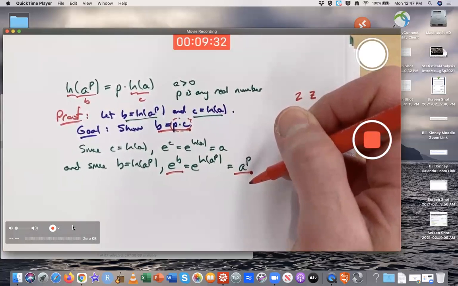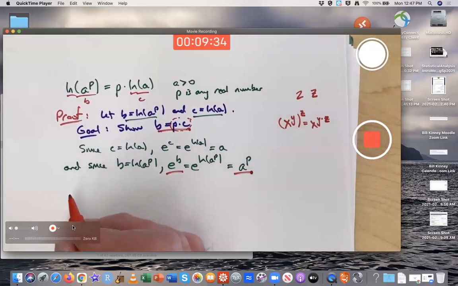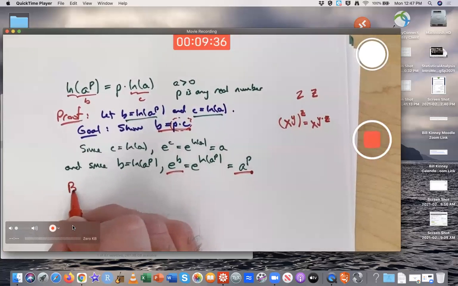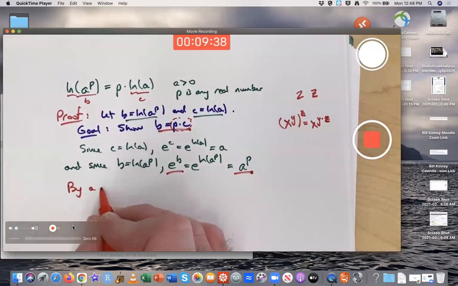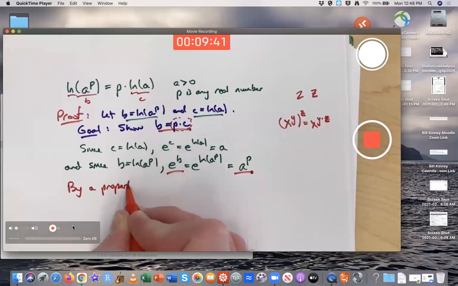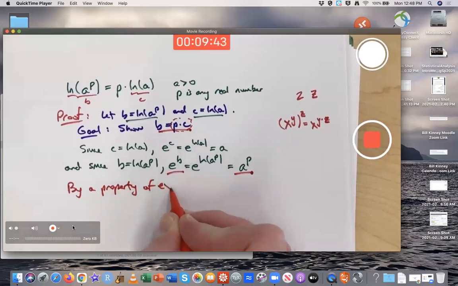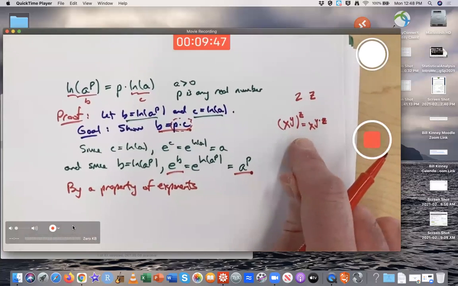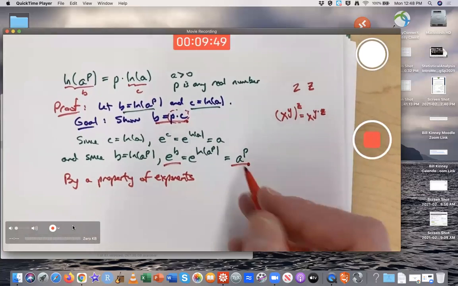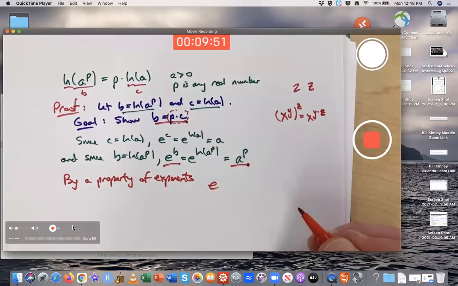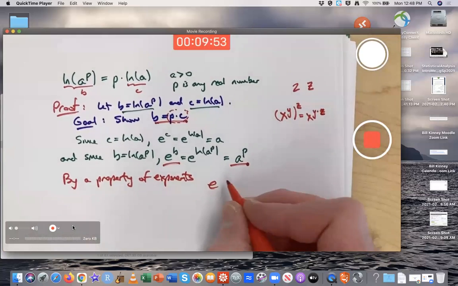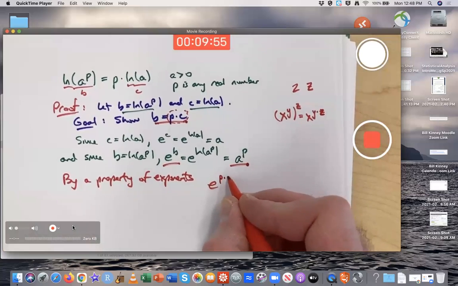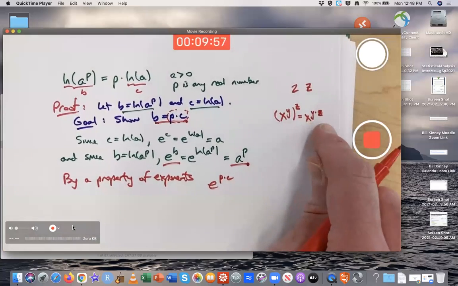So it's good to give a little extra reason. But does that even work? Let's say it this way. By a property of exponents, in fact, this property is what we're about to use here. e is going to play the role of x. p times c is playing the role of y times z.